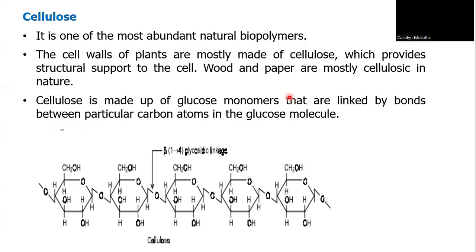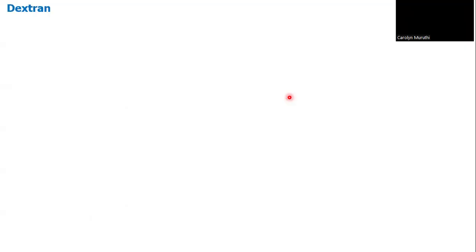So it is important to note that glycogen, starch, and cellulose have glucose as the monomers. It is important to be able to know the differences between the linkages found in glycogen, starch, and cellulose. We've seen that starch and glycogen have alpha-1 glycosidic linkage. However, cellulose has beta-1,4 glycosidic linkage.